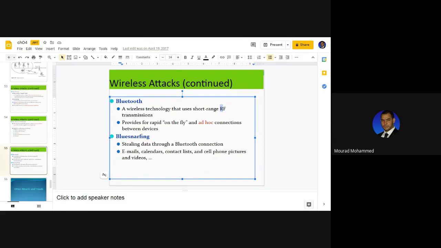What does it mean? Bluetooth is one of the very famous wireless signals, which can be utilized through a mobile to send media from one mobile to another, for example. What is Bluetooth in nature? It's a radio wave, but in a short range: 10 meters, 30 meters, 60 meters, not more than that.